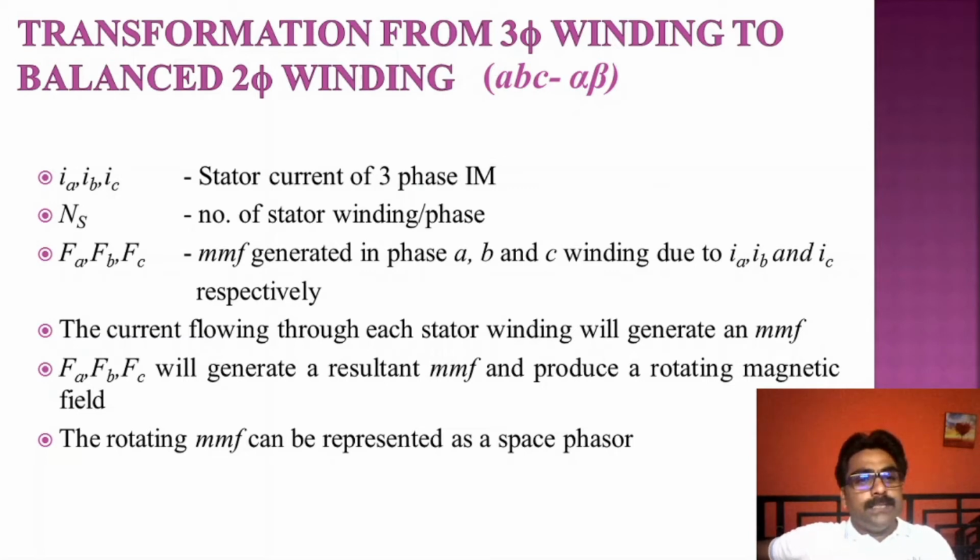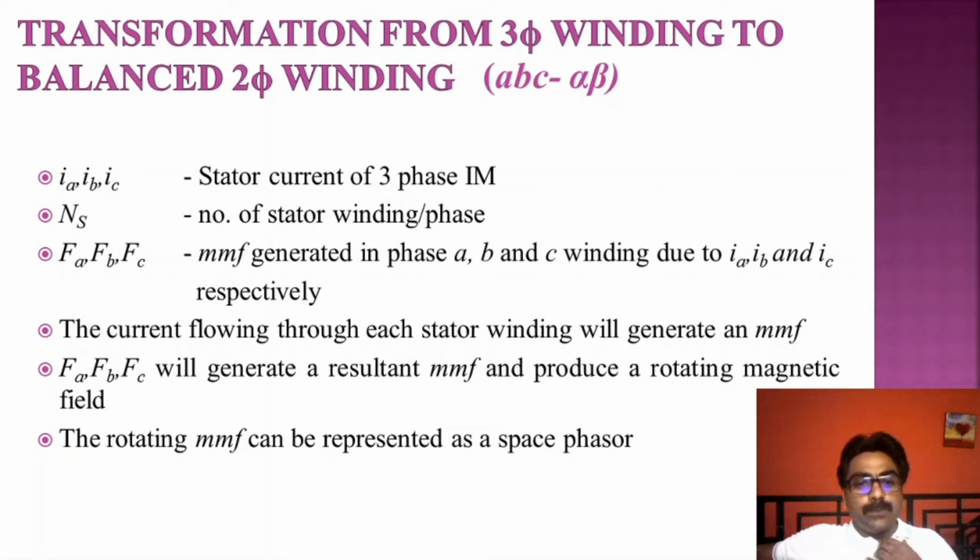IA, IB, IC are the stator currents of a three phase induction motor, and NS is the number of stator winding turns per phase. FA, FB, FC are nothing but the MMF generated per phase respectively. FA is the MMF of phase A, FB is the MMF of phase B, and FC is the MMF of phase C, which is generated by the respective currents IA, IB and IC, right?